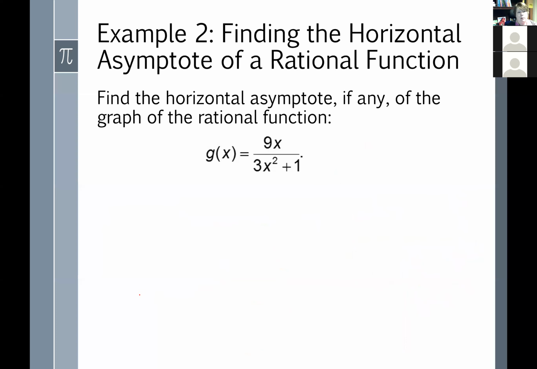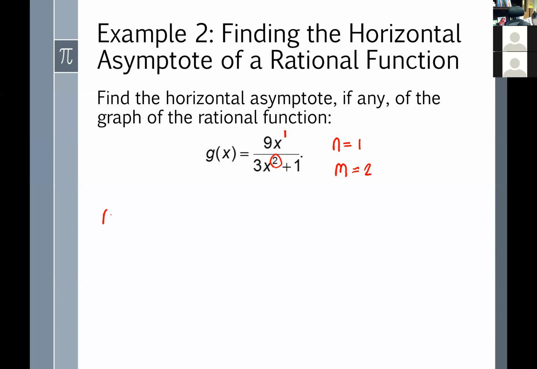Okay, how about this one? So what's the numerator's degree? There's an understood 1 there. There's a 2 in the denominator. That's the largest exponent. And so now we compare the degree of the numerator to the degree of the denominator.